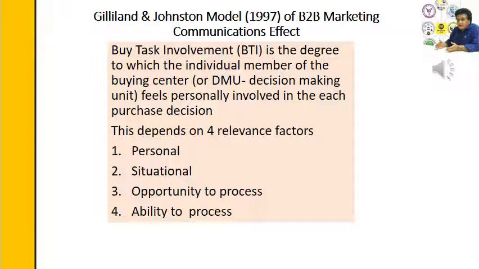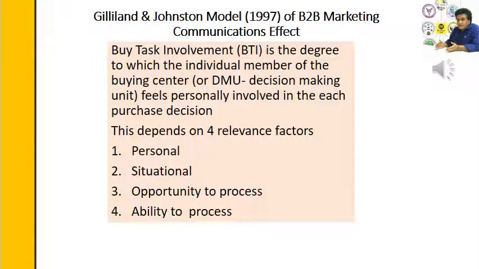The fourth is the ability to process factor. Ability to process refers to the knowledge of the individual about the product under consideration. So if you're giving a highly technical message, and the person in the decision making unit or the buying center has the ability to process this, because he is equally qualified and has great technical expertise, then it is likely that he will pay more attention to your message.